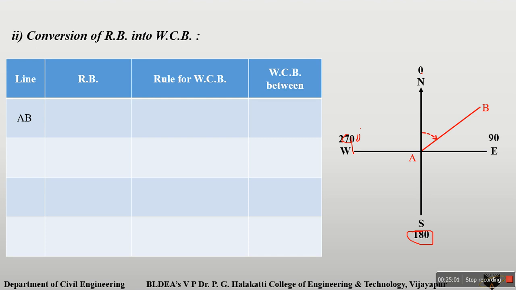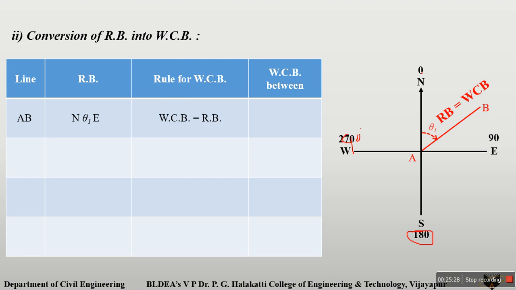In the first quadrant, the measurement of both RB and WCB is the same. So you can write RB like this, that is N theta 1 E. The rule is RB is equal to WCB. So directly you can write WCB is equal to RB or RB is equal to WCB.